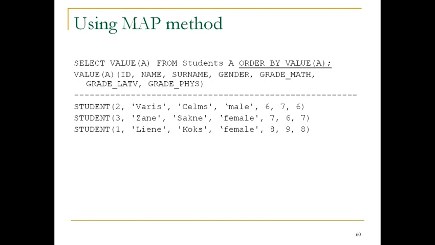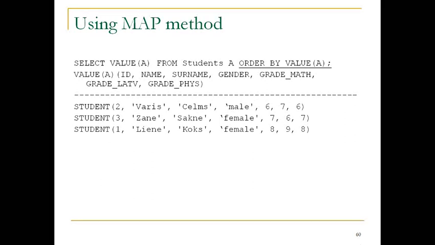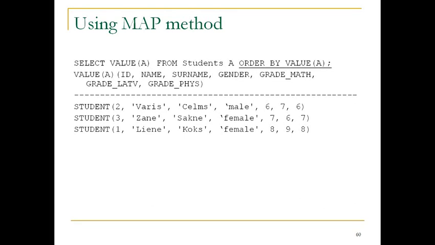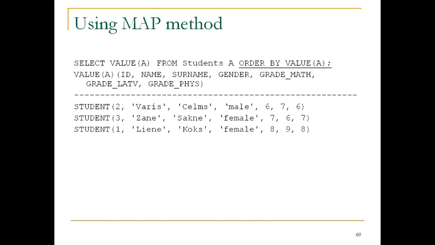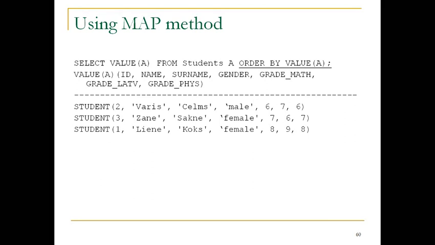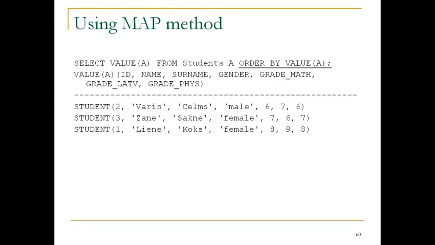We can select values from students. Actually, we can select any field, for example, only surnames. And we can order them by value A. Value A is the object column, or the object row, by the value of the whole row, which will be computed by Oracle as the average grade.